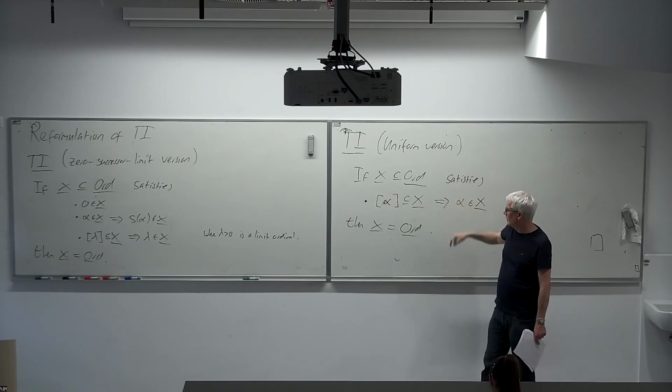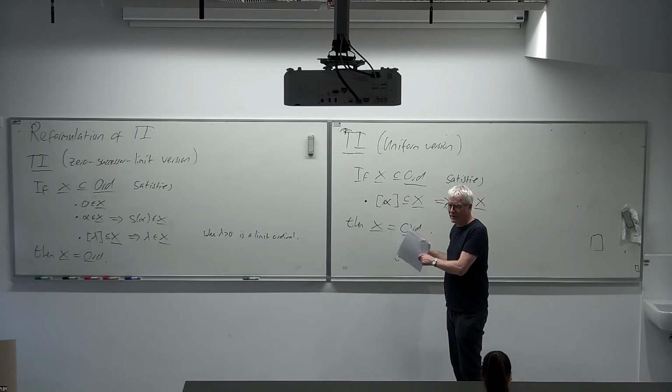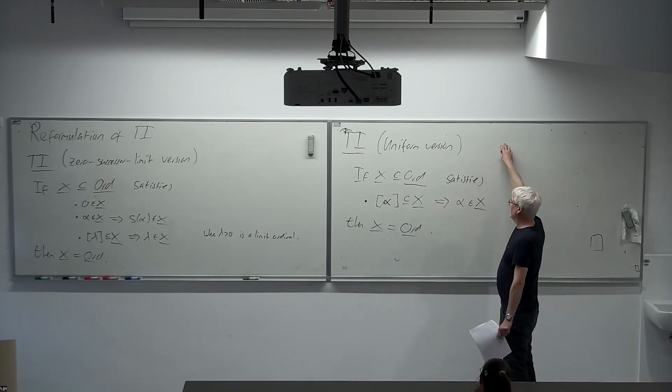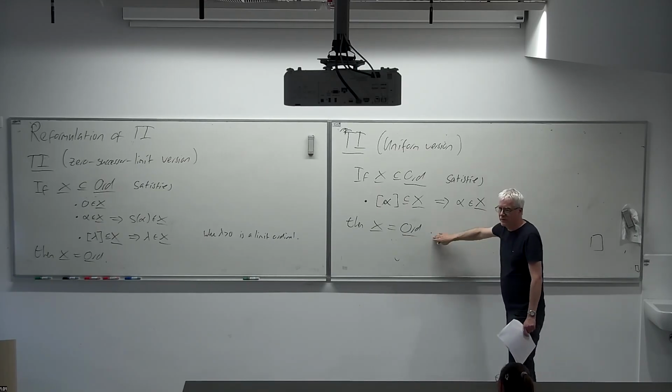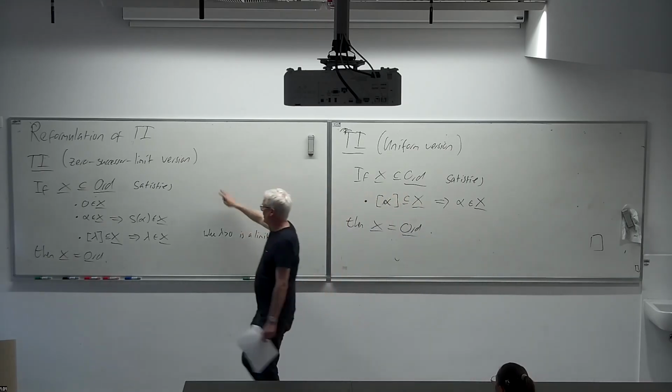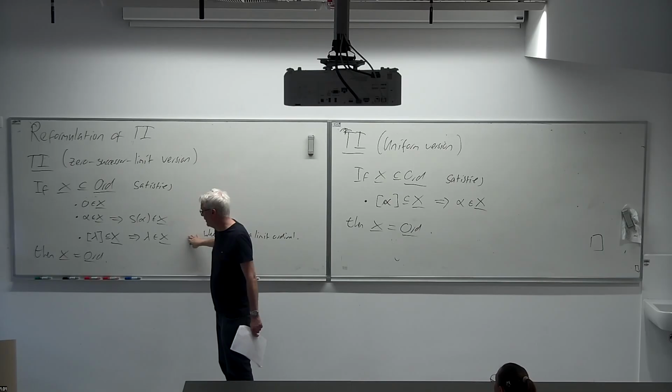So we presuppose the uniform version and we derive that for alpha in class X it is going to follow that the successor of alpha is in X. So the two induction principles are the same, namely the induction principle that says under this condition holding for all ordinals alpha, this holds, and the condition that says under these three conditions holding for all ordinals alpha, this holds.